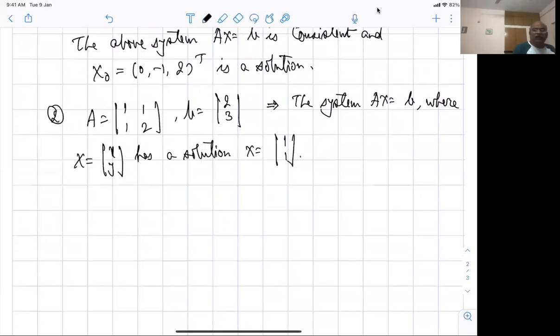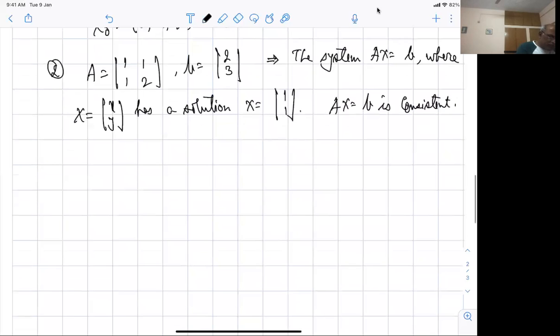You can verify it. All right. So this system is also consistent. So consistent again, Ax = B is consistent.